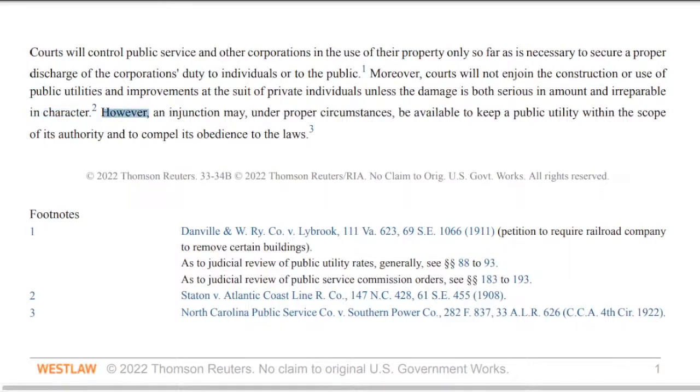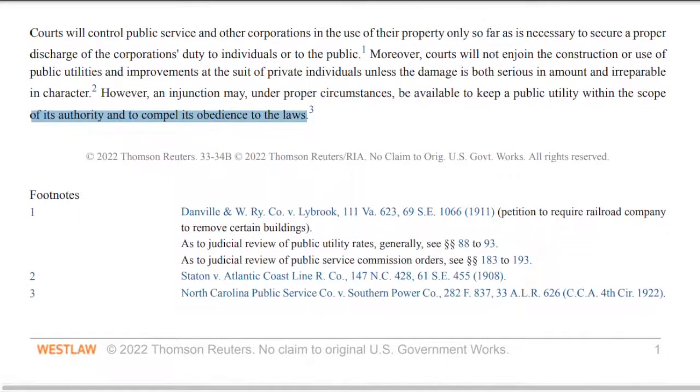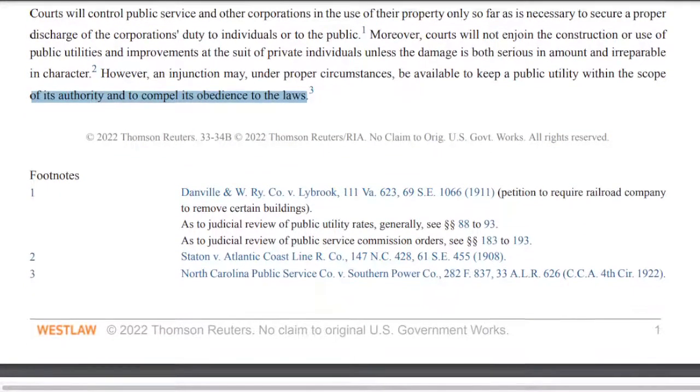However, an injunction may, in proper circumstances, be available to keep a public utility within the scope of its authority and to compel its obedience to the law. That dates back to 1922, North Carolina Public Service Commission versus Southern Power Company. Okay, so we could look that up there in the Fourth Circuit.